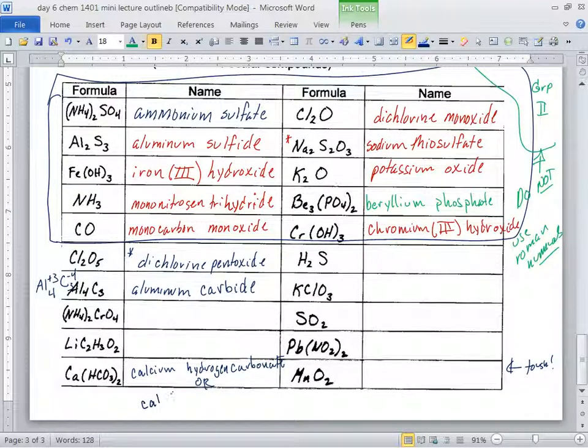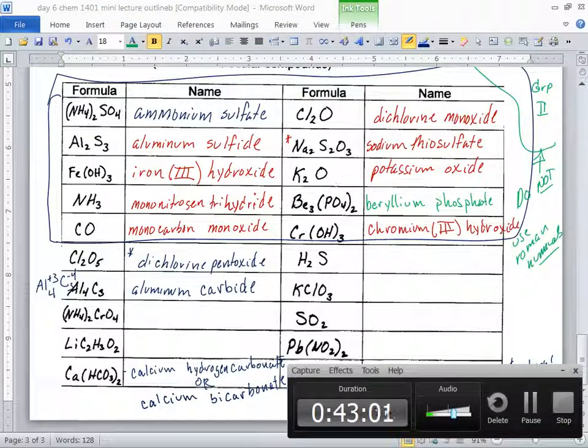Calcium bicarbonate. Why bicarbonate? That's just another name for it. Either one works. What's the last one? We'll do that one in lab. See if you can figure that one out.